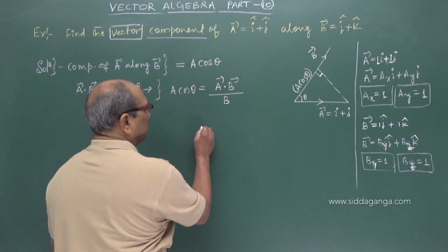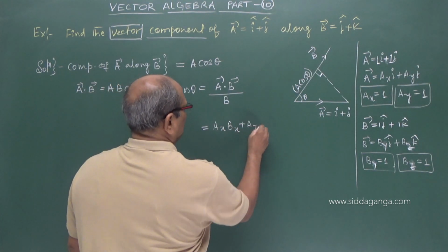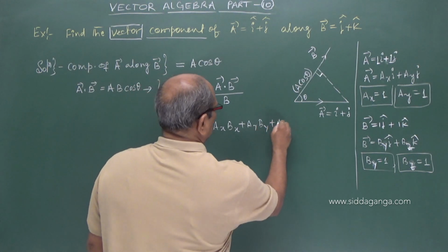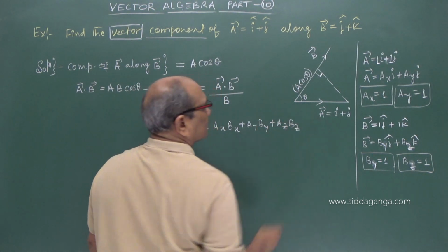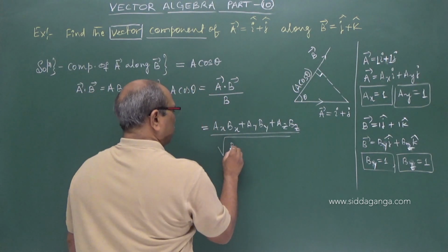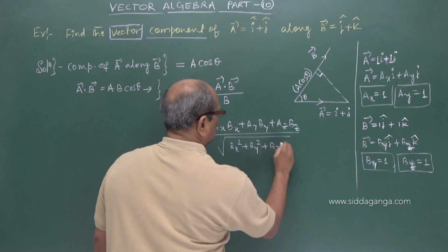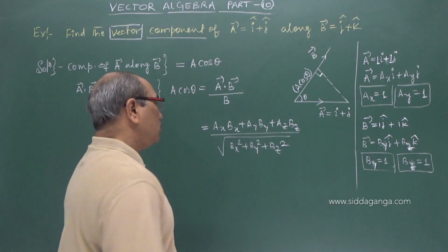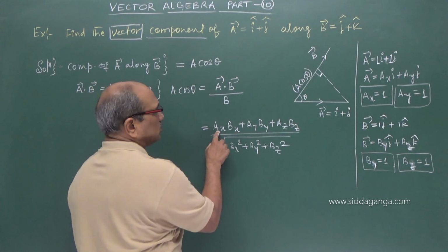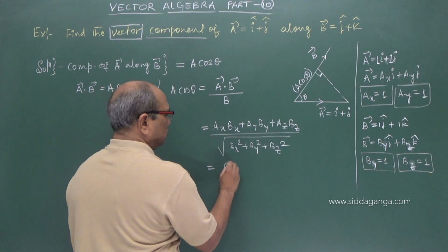Even if I write AX BX plus AY BY plus AZ BZ divided by root of BX square plus BY square plus BZ square, what happens? AX is present but BX is 0, therefore it vanishes.